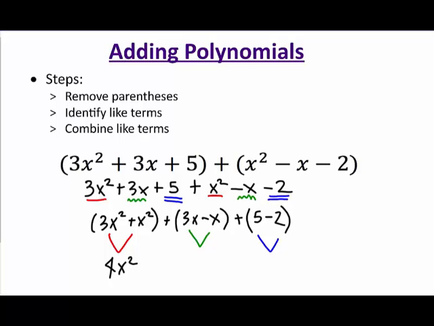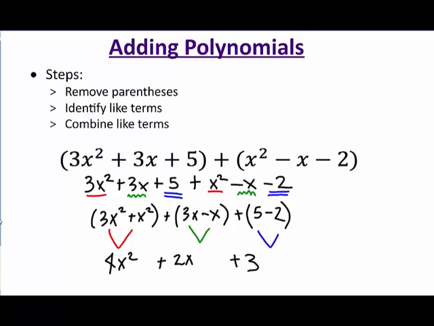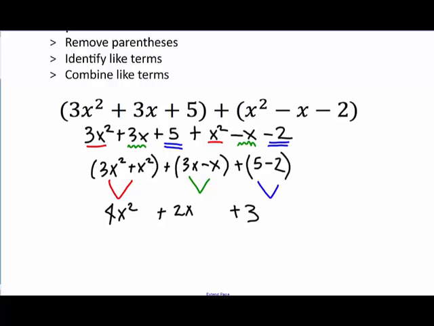A 3x minus an x gives me a positive 2x. And then a 5 minus 2 gives me a positive 3. So my final answer will be written as 4x squared plus 2x plus 3.